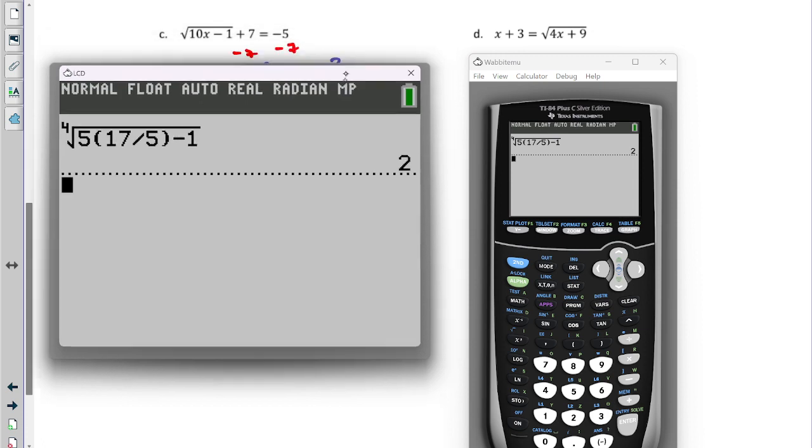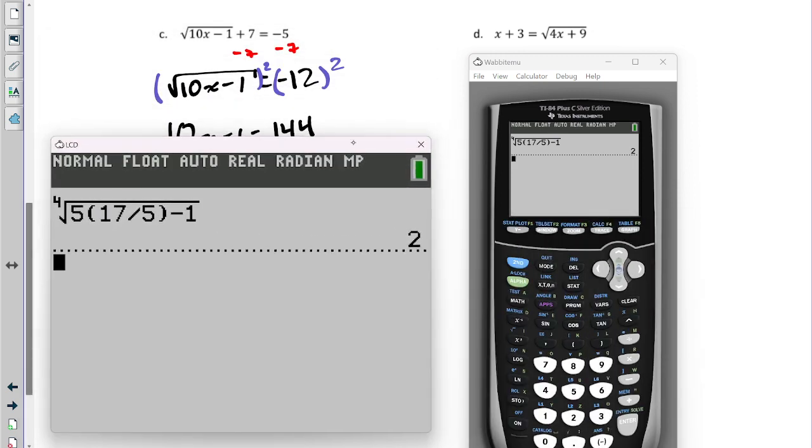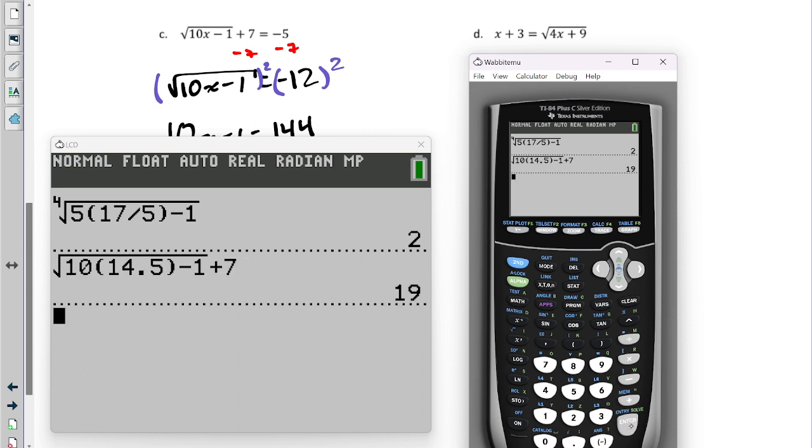So plug this in, replacing x with 14.5. That's going to be the square root of 10 times 14.5 minus 1, and then plus 7. That should be equal to negative 5.